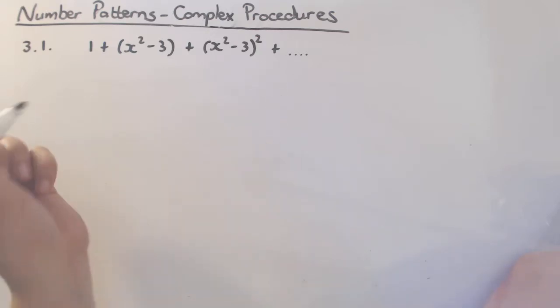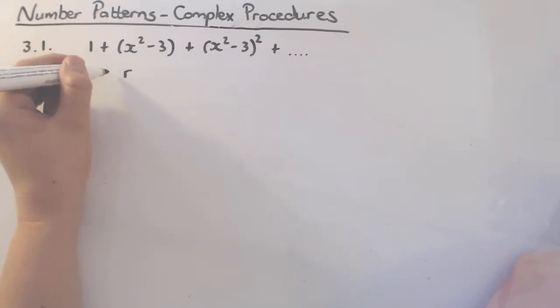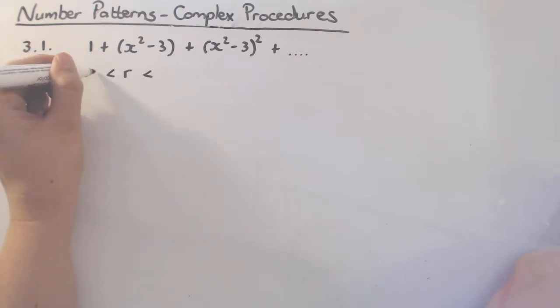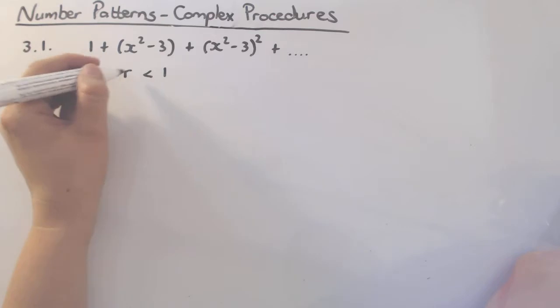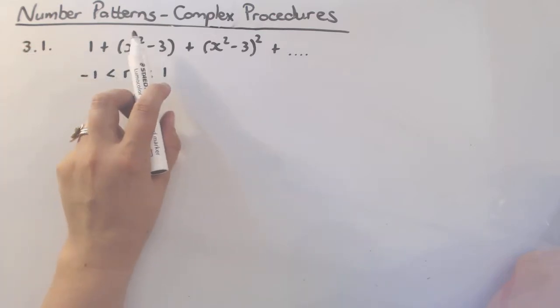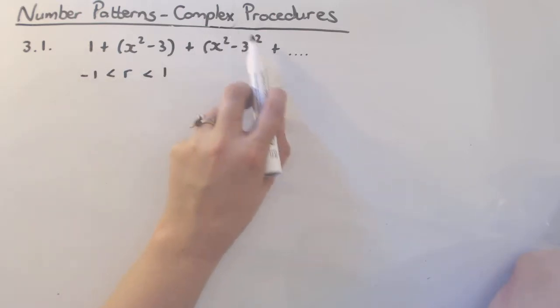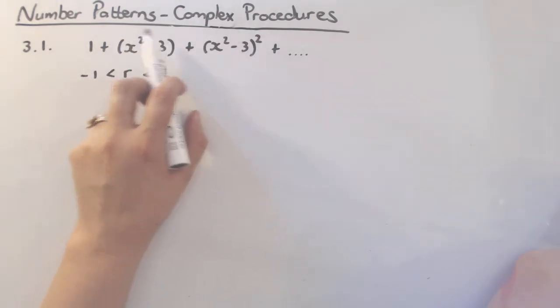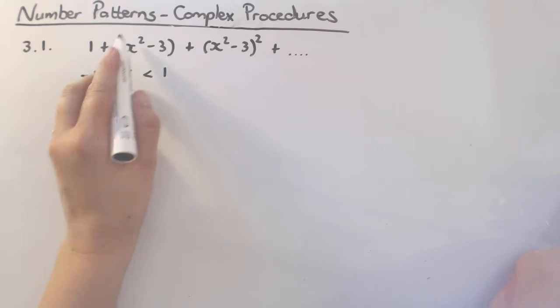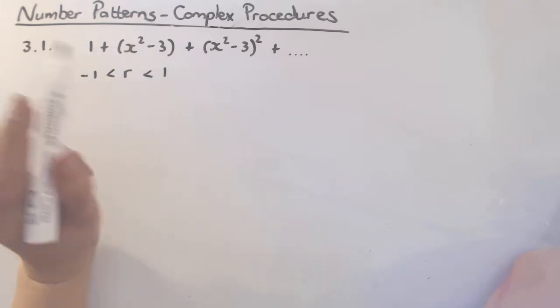Alright, now for convergent, I know my r value must lie between -1 and 1. My r value I can calculate by taking a term divided by the term before that. So I can take this divided by that, or this divided by that. This seems easier because it's over 1.